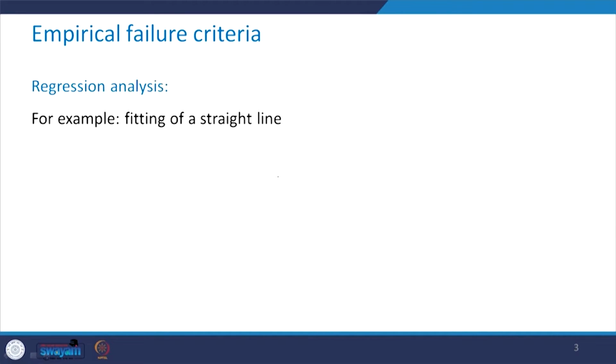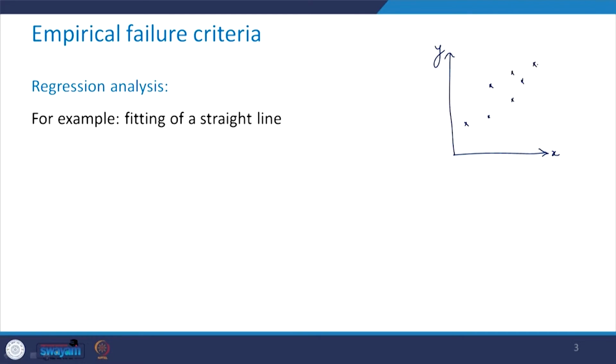Let us look at it with the help of a simple example of fitting a straight line between y and x with the help of some experimental data. Please see here that I have x on the x axis and y on the y axis.